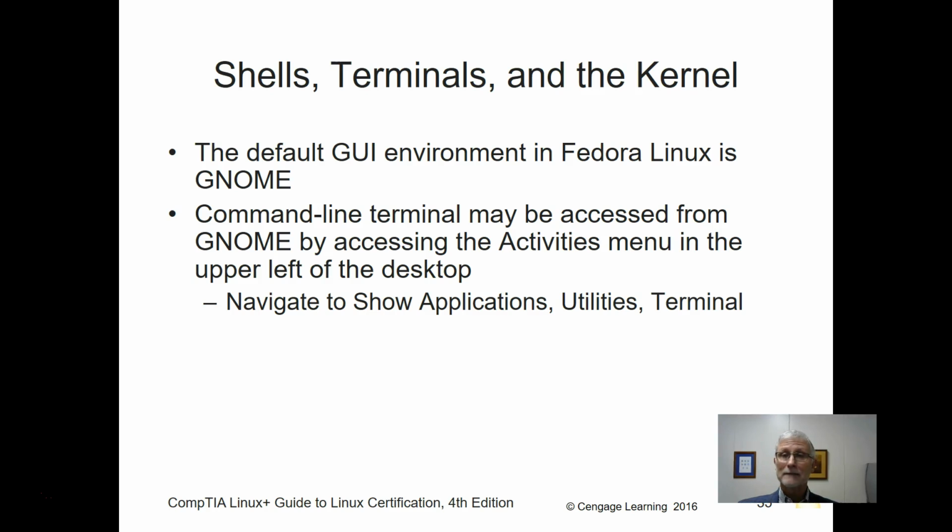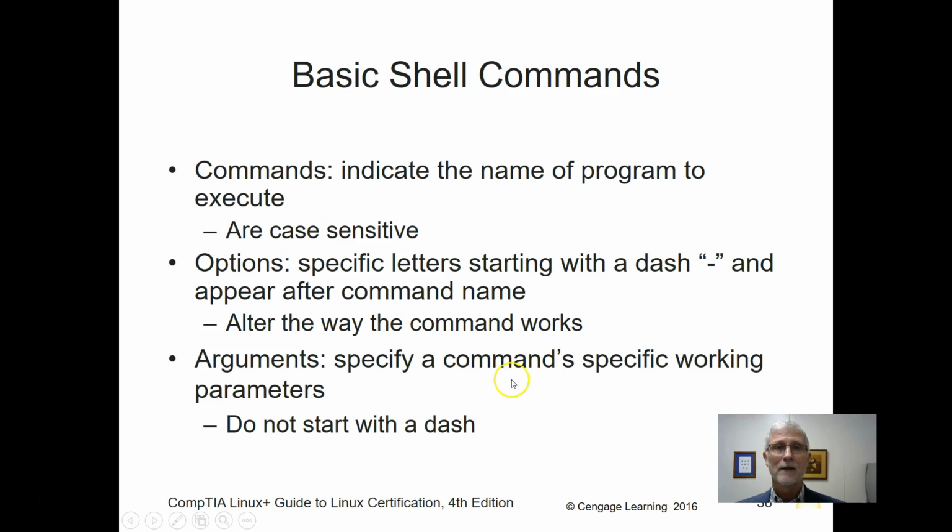The command line terminal can be accessed by going to the Activities menu in the upper left-hand corner when you first bring it up. You navigate to Show Applications, Utilities, and then Terminal to get to the command line. And like I said, we're going to spend a lot of time on the command line.